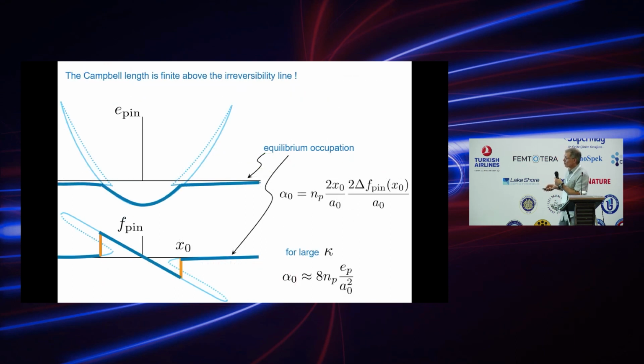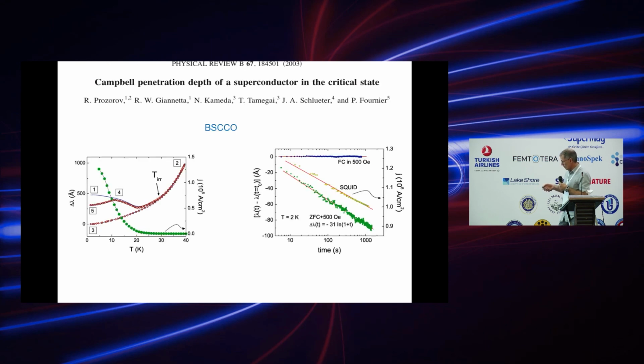And why is the Campbell curvature non-zero above the reversibility line? Simply because, going from one branch to another, we always should take the lowest branch, but there is a cusp, because these branches cross each other, and so there is a jump in derivative, and this jump gives the equilibrium Campbell length. And this is in agreement with experiment.